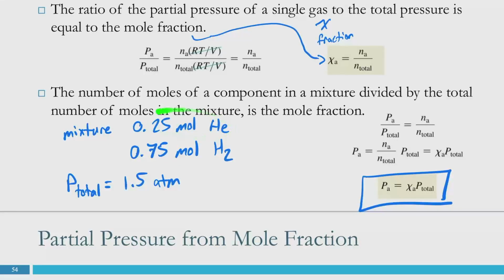If we wanted to know what's the partial pressure of the helium, what's the partial pressure of the hydrogen, we can calculate that using our P sub A equals the mole fraction times P total.